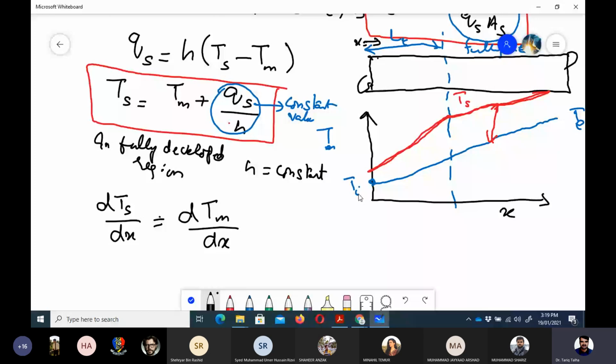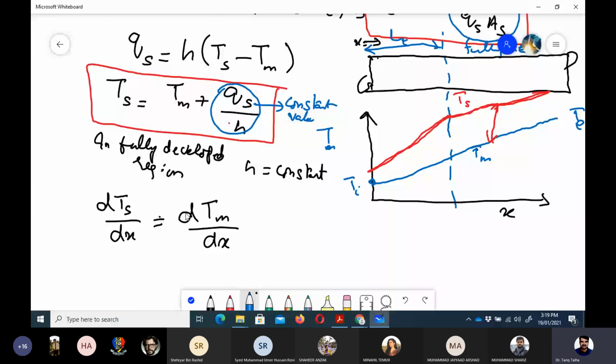So I can say that this curve is for the mean temperature, right? If I can know this slope, what does this slope tell us? How rapid the heat transfer is between the pipe surface and the fluid. So that is why we want to determine this slope.